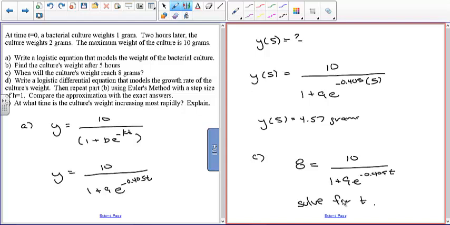So again, why don't you guys try that? It's basically the same way that we solve for k, except we're solving for t this way. So you can look back at your notes where we solve for k, and the only difference is you'll get to a point where you'll have negative 0.405 t is equal to something, and then you'll divide by this to find t instead of to find k.